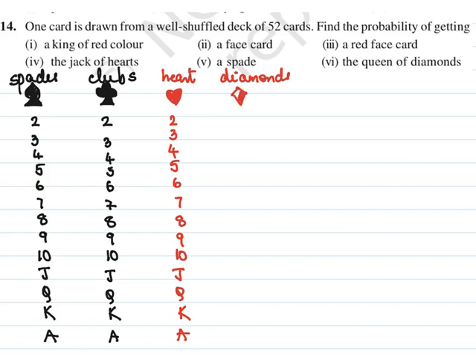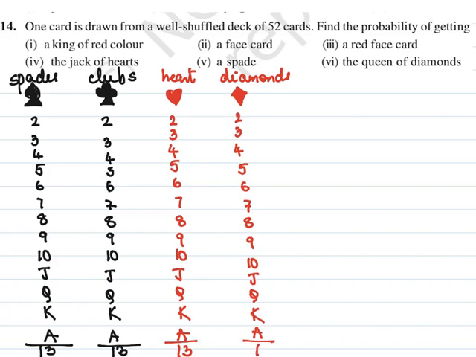And when it comes to the diamonds, 2, 3, 4, 5, 6, 7, 8, 9, 10, jack, queen, king, and ace. So in total we have 52 cards. There are 13 spades, 13 clubs, 13 hearts, and 13 diamonds.